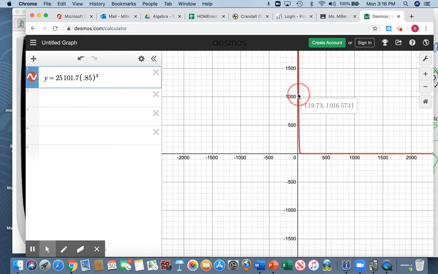So it's about 20 years is when it's going to be less than 1,000. So when x equals 20 years. I would just graph it and see what Desmos is doing instead of sitting there solving. Hope this helped. Remember, it's Stat, Calc, 0 for exponential regression. Thanks for listening. Bye, y'all.